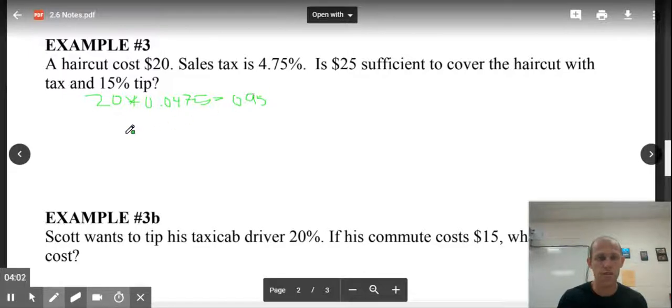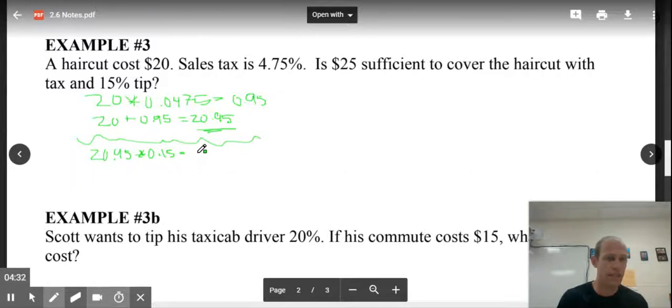I'm going to add this on so that my bill is going to be $20.95. So remember that. Now I am tipping on top of that. So I'm taking 20.95 and giving a 15% tip, so that is the number 0.15. 15% of that is $3.14.